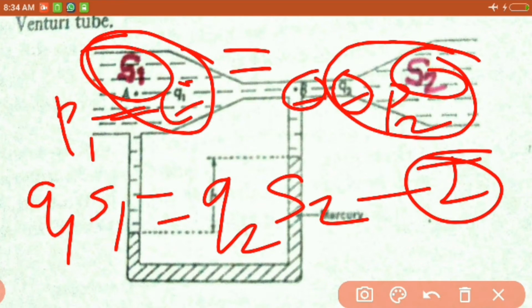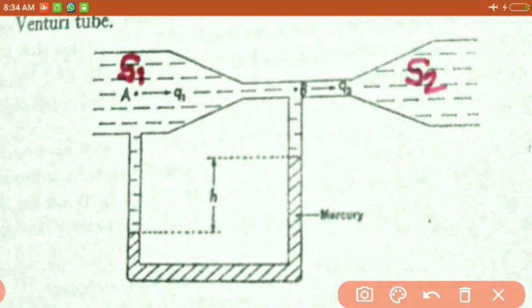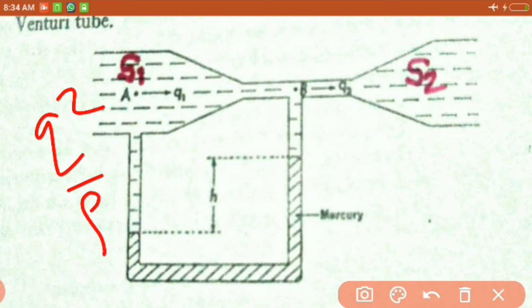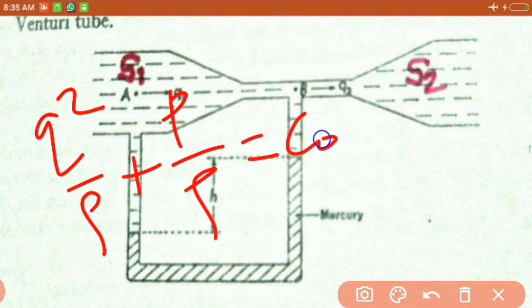We know when the flow is steady, incompressible and homogeneous, then by Bernoulli's equation we have q square by 2 plus P by rho is equal to constant.